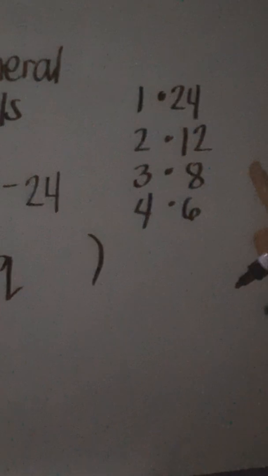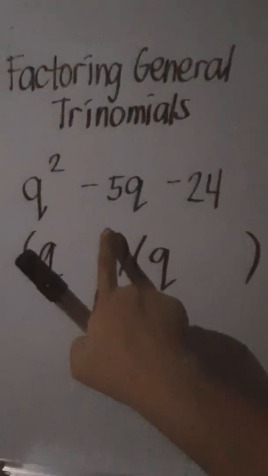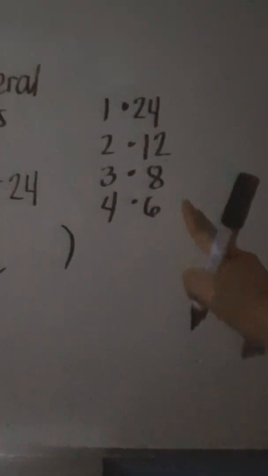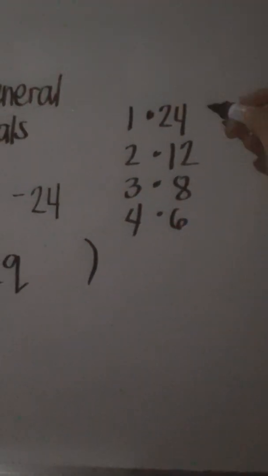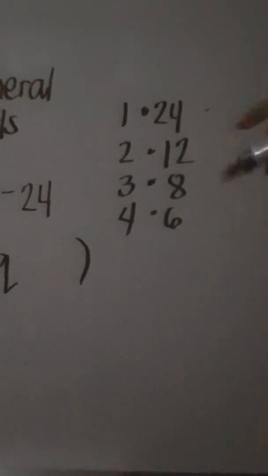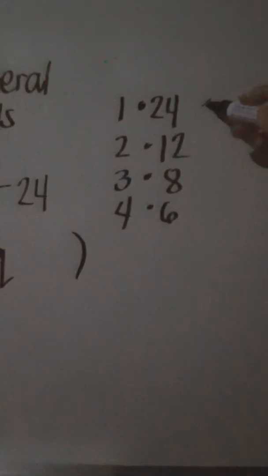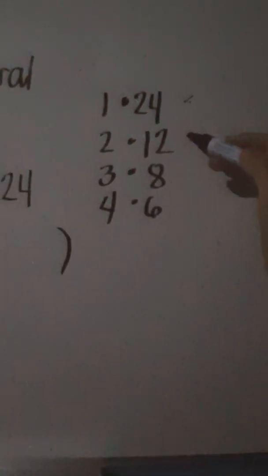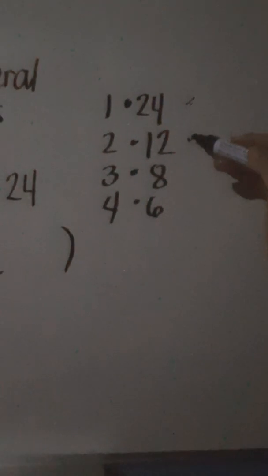Okay, now, the middle term is 5q. So, let's analyze. Asa diri atong pwede magamit na makakuha ta og 5? Kung si 1 og 24 ito gamiton, if we add it, makakuha tag 25. If we subtract, kakuha tag 23. If 2 and 12 ang atong gamiton, if we add it, we will get 14.